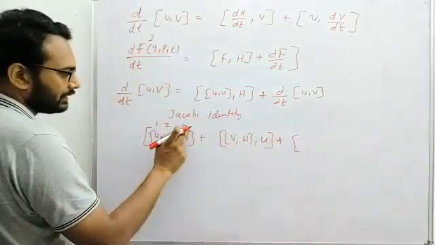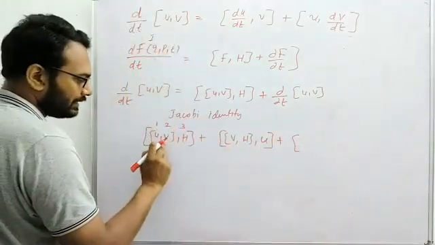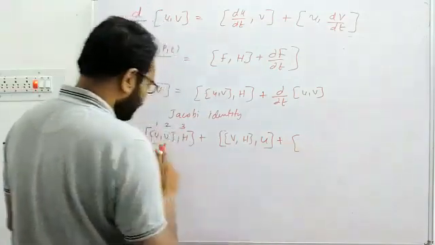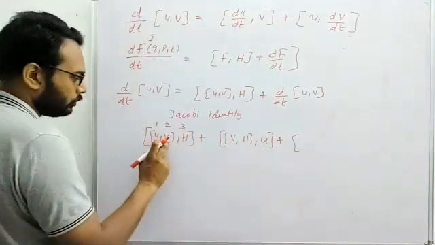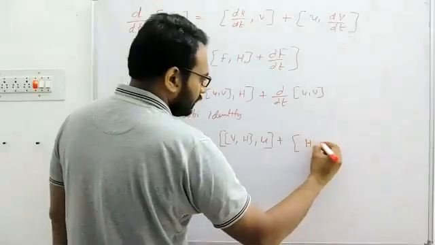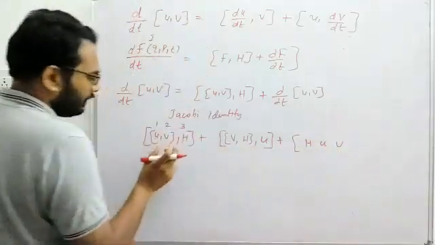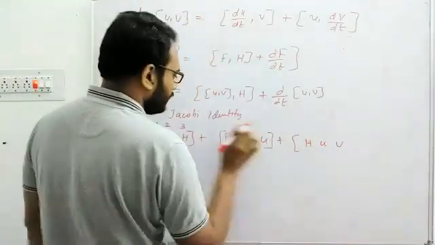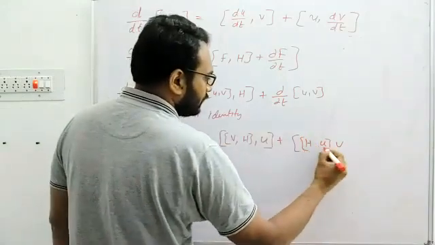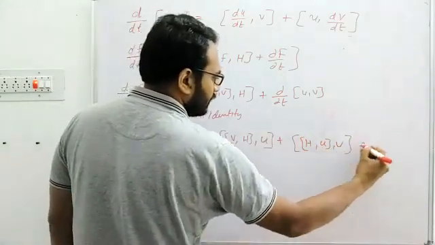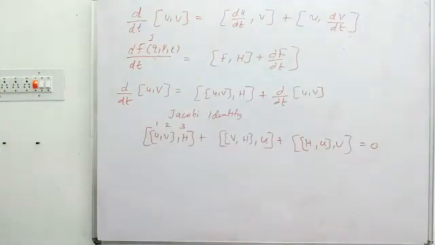These are the cyclic permutations, and we started with this one here. The sum is equal to 0. This is what the Jacobi identity says.